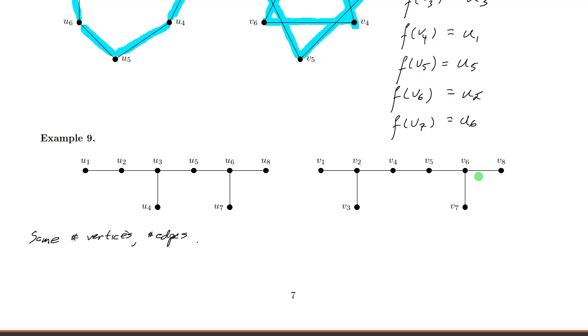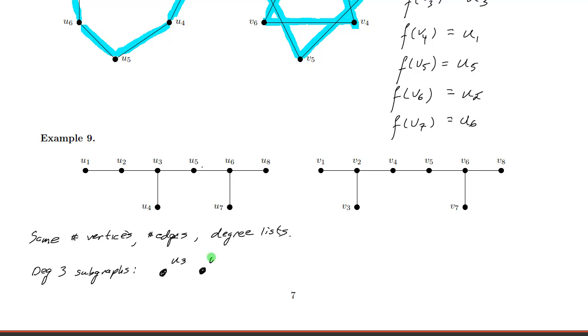So the values of the degrees, or the degree lists, would look the same if I order them appropriately. So we could look at subgraphs next with particular properties. For instance, if I look at all of the, say, degree 3 subgraphs, here I would have U3 and U6.